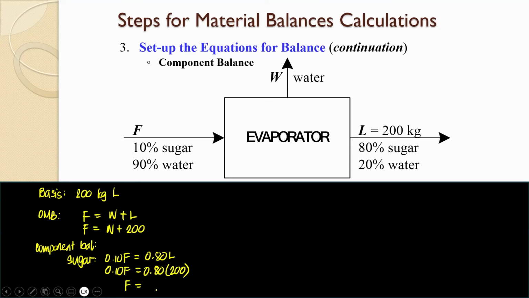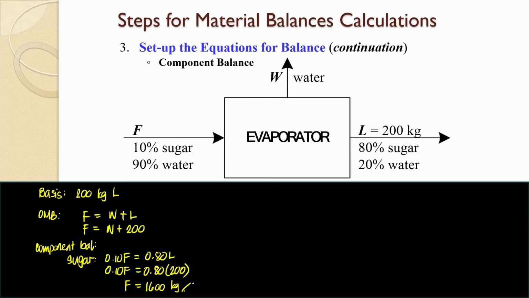So in here, you'd be able to solve for F. Can you please solve for F for me? What is F? 1,600? Right? Okay. What's the unit? What are the units, guys? This is kilograms, right?